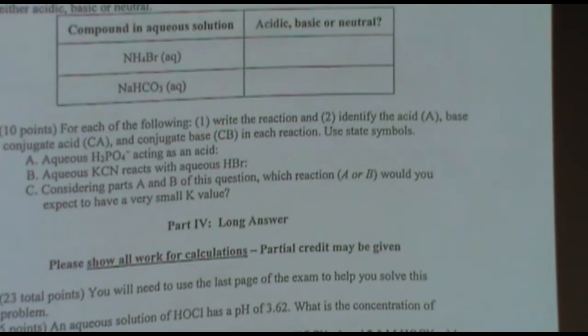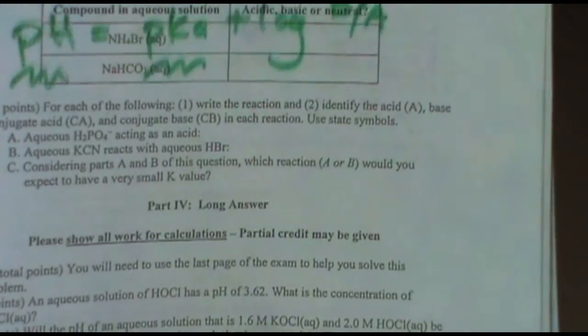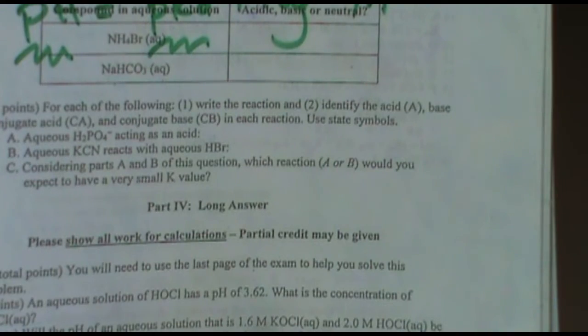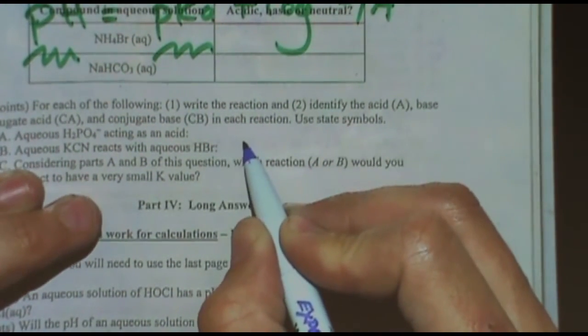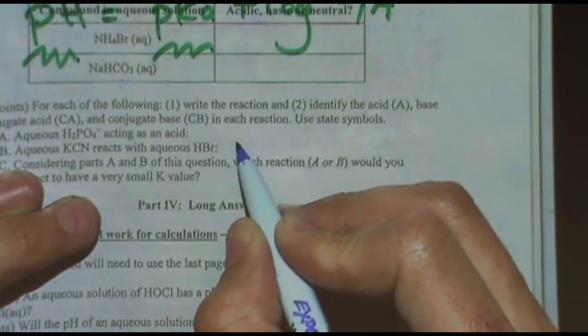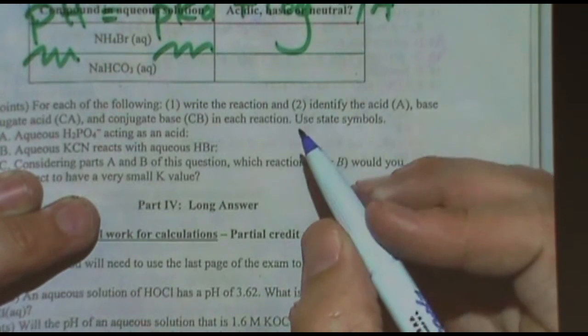This is Spring 15, Exam 2, page 63. We want to write the reaction. I'm writing B here, KCN. I would have accepted a couple possibilities here.